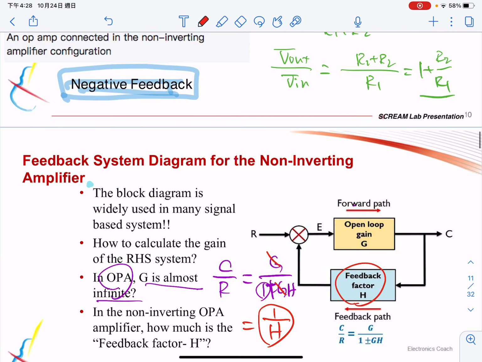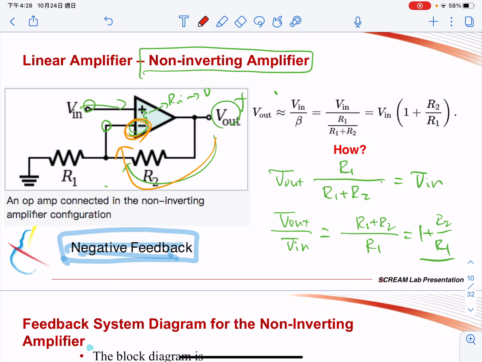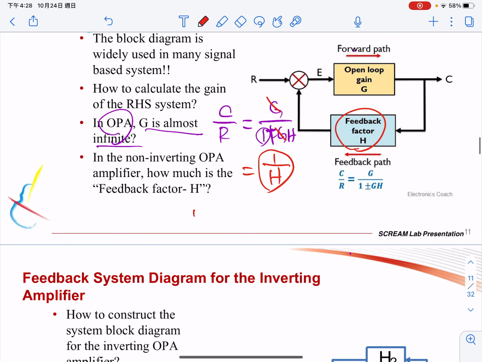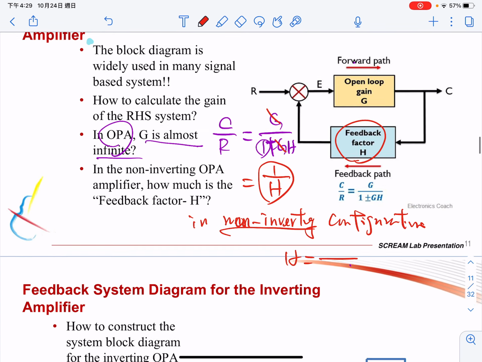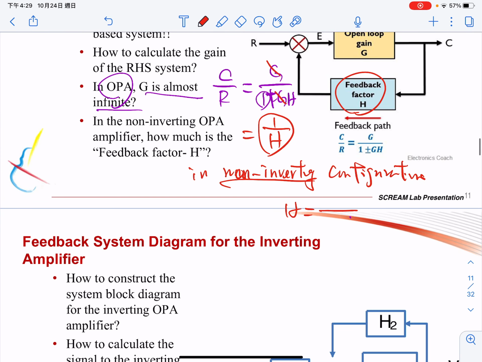So in the non-inverting amplifier, let's look at it. In the non-inverting configuration, the H actually is R1 over R1 plus R2.